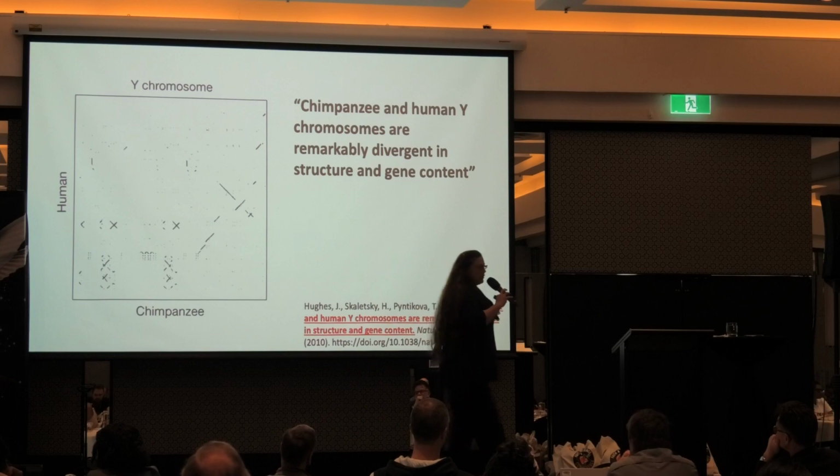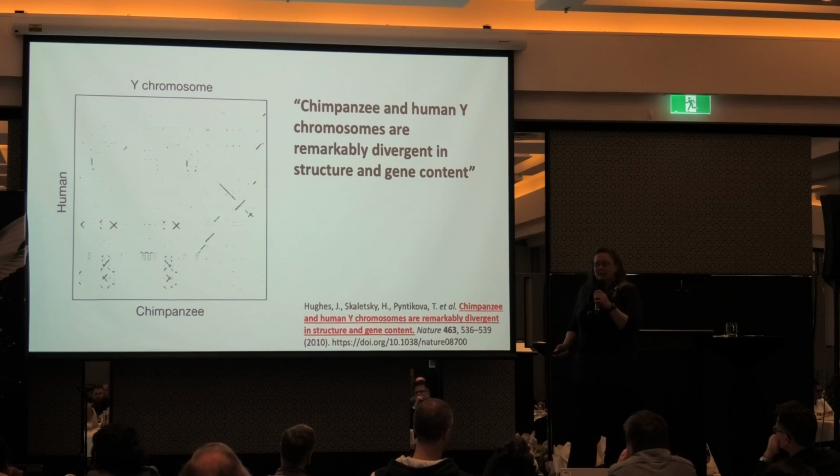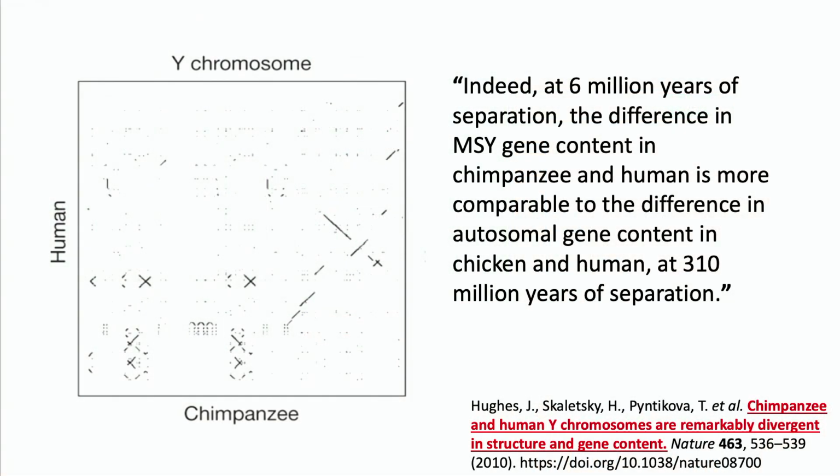This was not a creationist group who did this. These were just people sequencing sex chromosomes. But it is super important, and basically it says that the theory of evolution, that we came from a common ancestor with chimpanzees, cannot have happened if you look at the Y chromosome. That's what this data says.